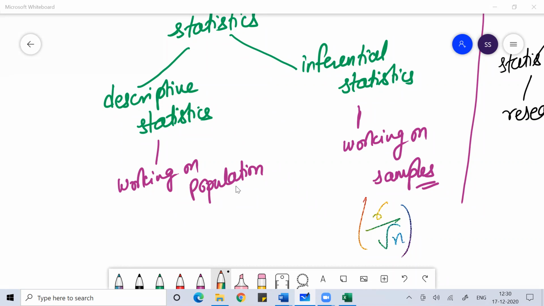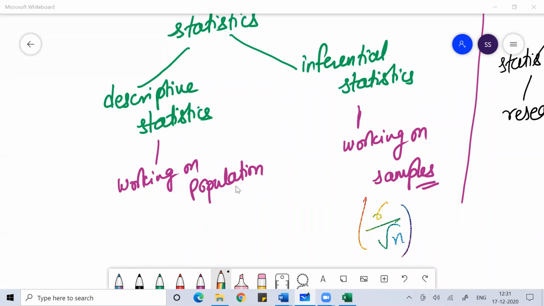Assume that Lal Bagh garden is a complete circle. They divide the garden into small sectors, collect a few samples within each sector, and with the observations they got, they try to understand the complete Lal Bagh garden.